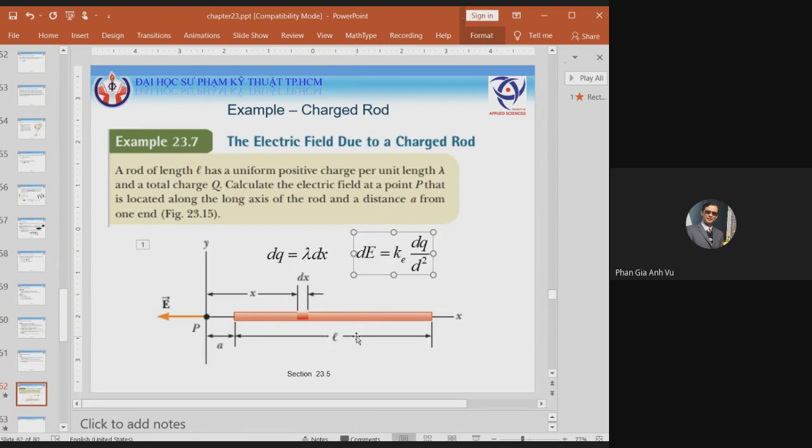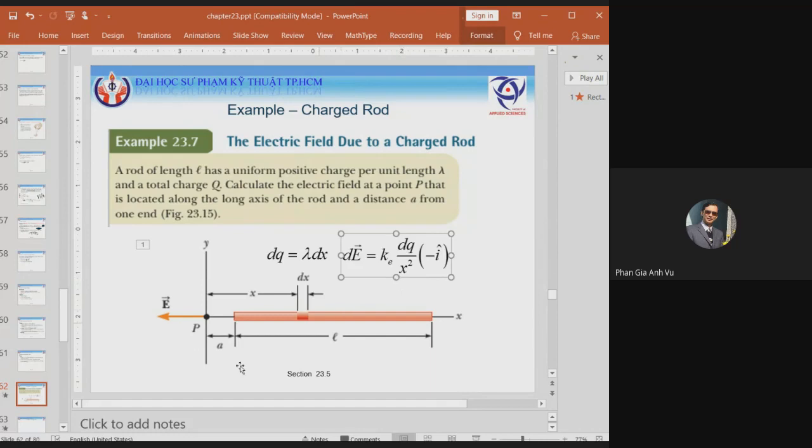If the rod is positive, then the electric field will have this direction, so I can add the vector like this. Instead of d, I write x. Okay, it is clear. dE is k_e dq over x squared times the unit vector. But because the rod is positive, I have to use the minus sign here, so I have to modify it again. Instead of i, I have to use minus i. Remember the r vector in the previous problem, right? Minus i, because it is in the opposite direction to i.